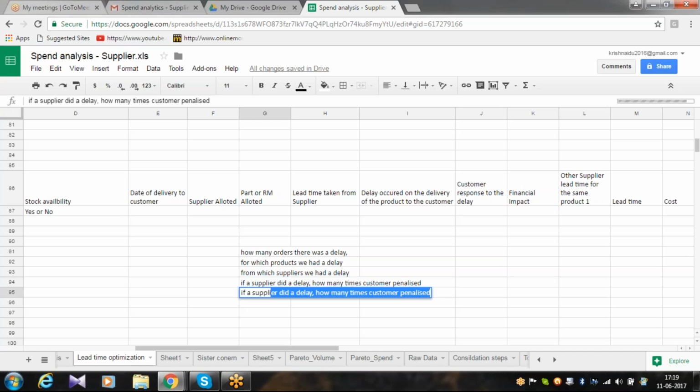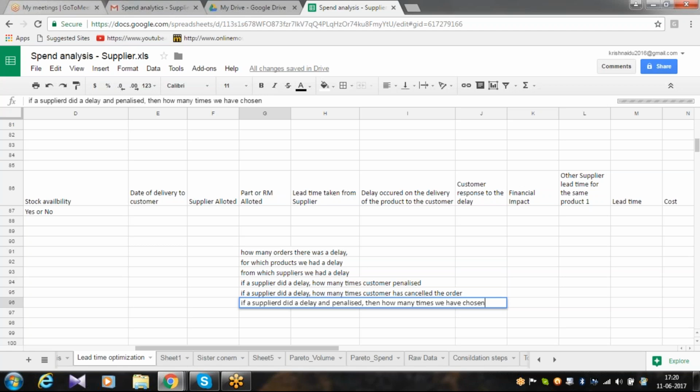If a supplier did a delay, how many times did the customer cancel the order? If a supplier did a delay, how many times was there a cancellation and a penalty? Then how many times have we chosen a low cost supplier?